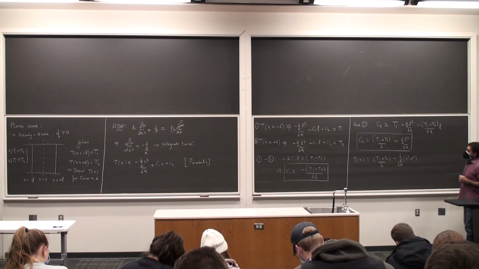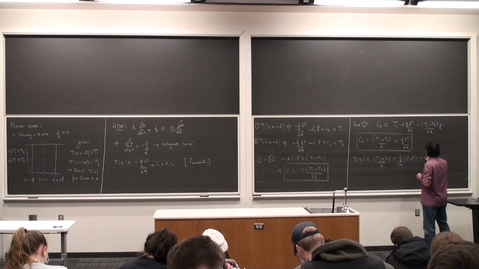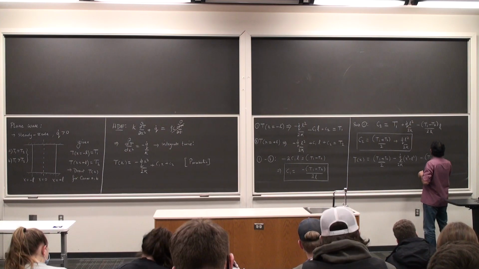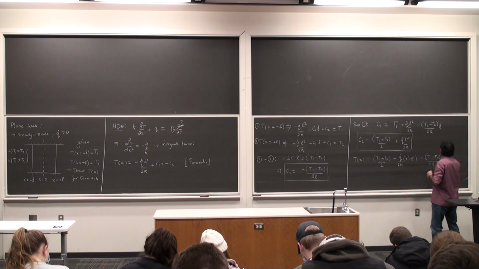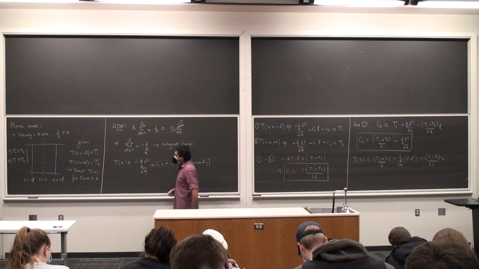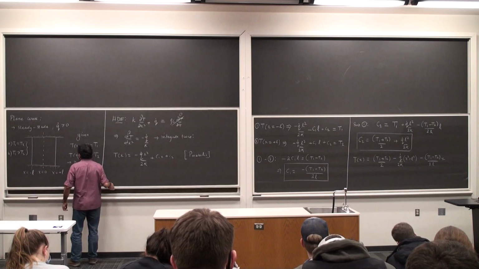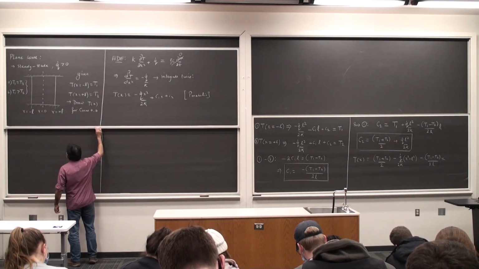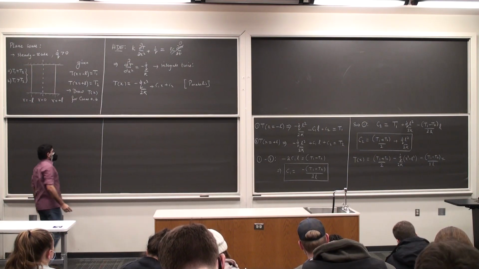And then I have the C1 guy, which is minus T1 minus T2 by 2L times x. Alright.